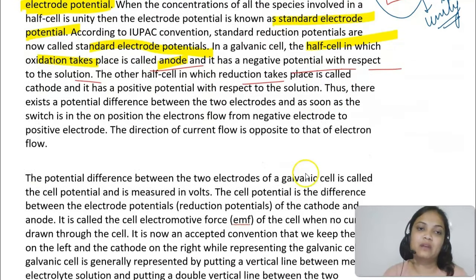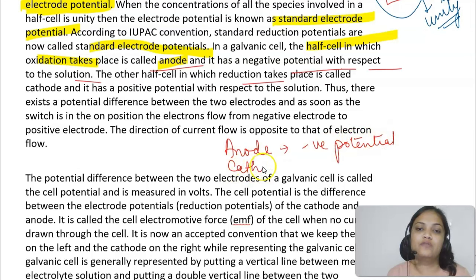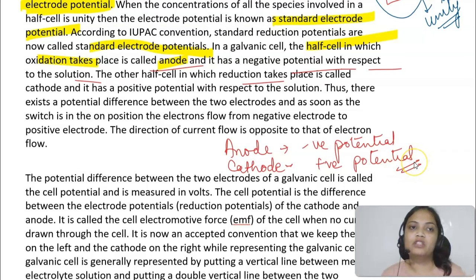So keep in mind that the anode has a negative potential with respect to the solution, and the cathode, where reduction takes place, has a positive potential with respect to the solution. So there will be a potential difference between the two electrodes. As soon as the switch is in closed position, what will happen?